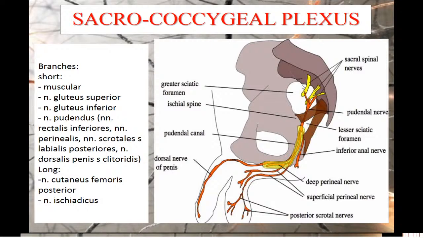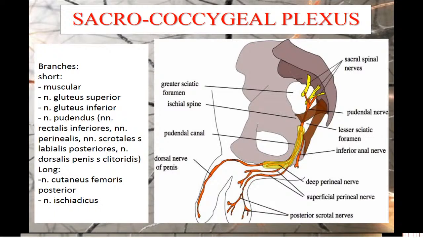I said that the piriformis muscle passes through the greater sciatic foramen and divides it into the upper portion, the suprapiriform foramen, and the lower portion, the infrapiriform foramen. These foramina will be very useful for understanding the topography of the branches.